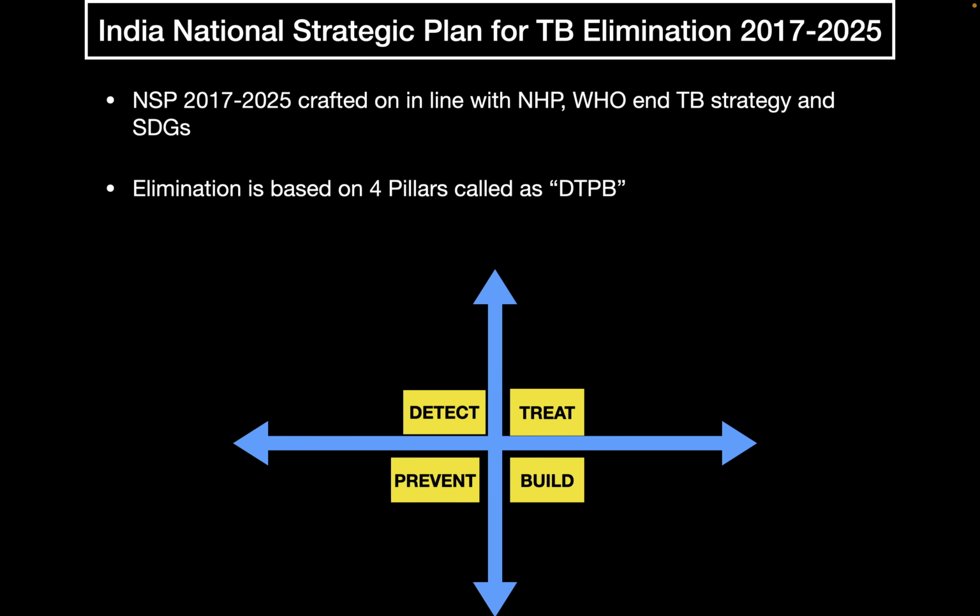The only thing you have to remember is the numbers: 35%, 75%, 80%, 90%, all those numbers. So, morbidity and mortality reduction over a period of time, and the third one was that catastrophic cost should be 0%. And what are the strategies? Every country should have a good national strategy.